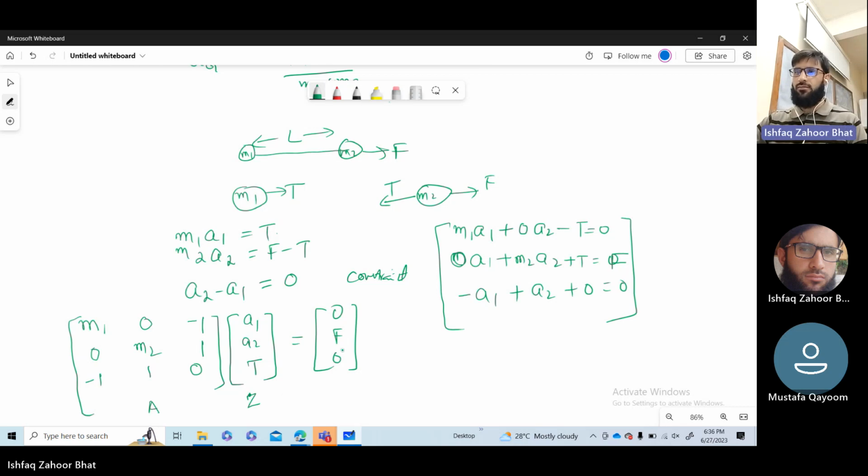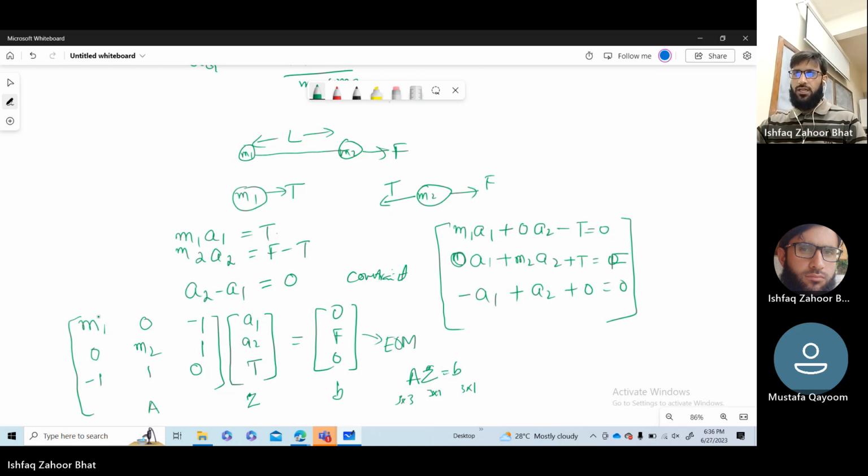This is just a name I am writing. And I will call this matrix B. So this is the equation of motion for our system. We can write this as A zeta dot equal to B, where A is a 3 cross 3 matrix, Z is a 3 cross 1 matrix, and B is also a 3 cross 1 matrix.